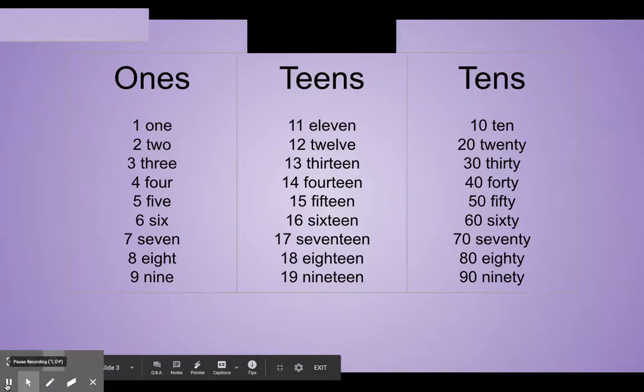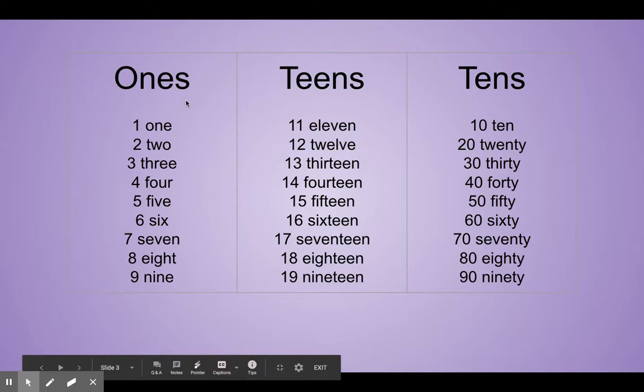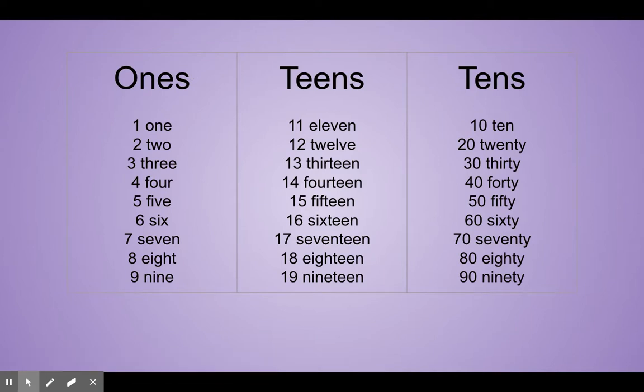So, what we're going to look at first is a list of numbers. And what I have here are just the ones. I have the number and I have how to write it in its word form. 1, 2, 3, 4, 5, 6, 7, 8, 9.